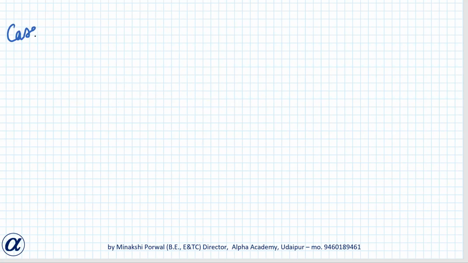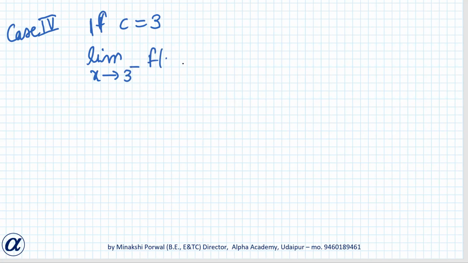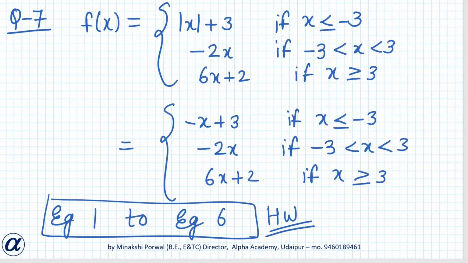Next, case fourth, if c equals 3. So the limit as x tends to 3 minus of f(x) is basically on one side: the definition of the function for the left hand limit will be minus 2x, and for the right hand limit it will be 6x plus 2.